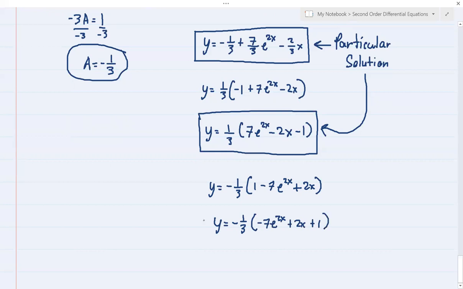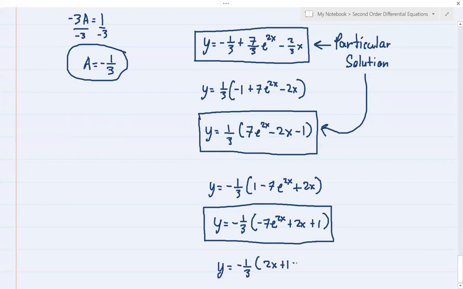You can have that as your particular solution, but if you want to put only positive numbers first, then we can have y is equal to -1/3 times the quantity 2x plus 1 minus 7e raised to 2x.